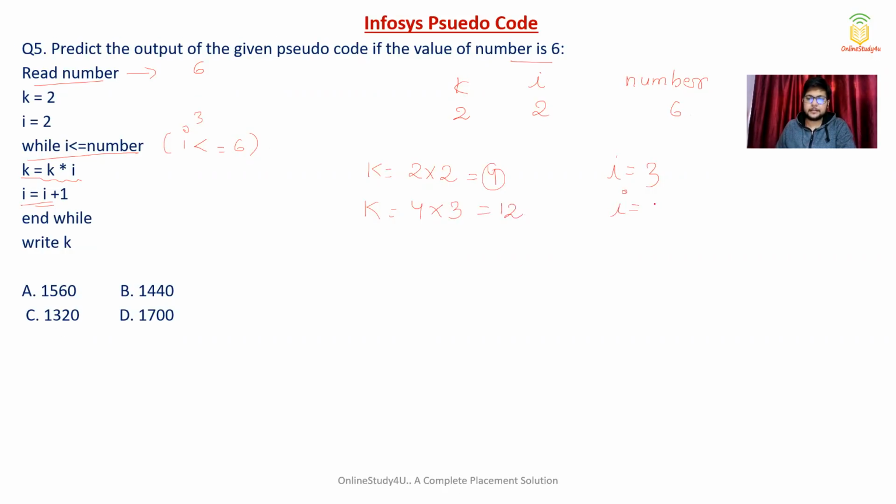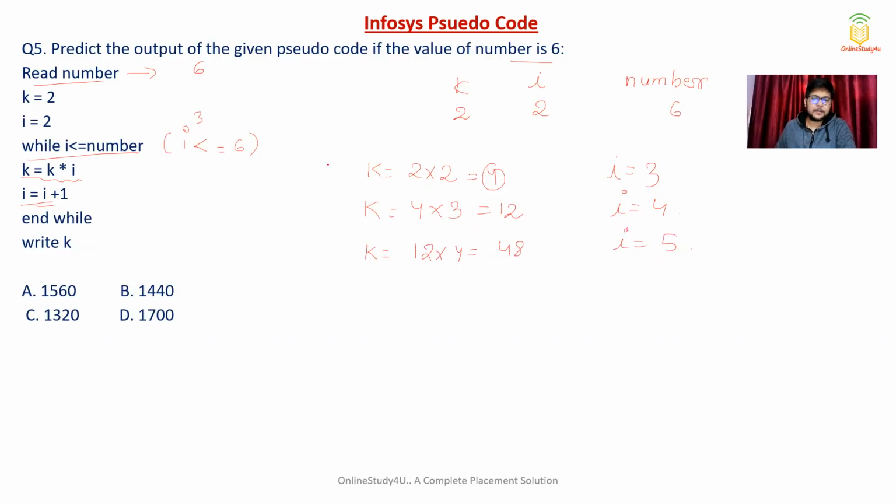Now i goes to 4. Again, my i is less than the number. So k is equal to 12 into 4, which is 48, and i goes to 5.